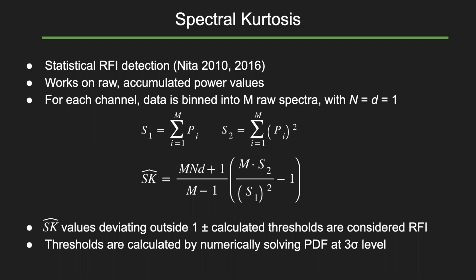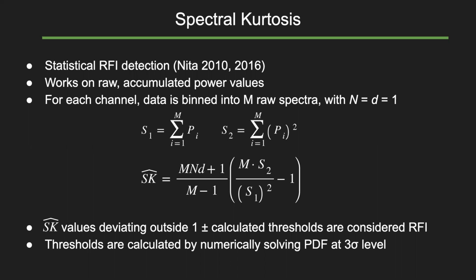Here's my cursor. So I said it's a statistical RFI detection. It primarily works on raw unaccumulated power values. For each channel in a filter bank style data set, data is binned up into M raw spectra, and N equals D equals 1.